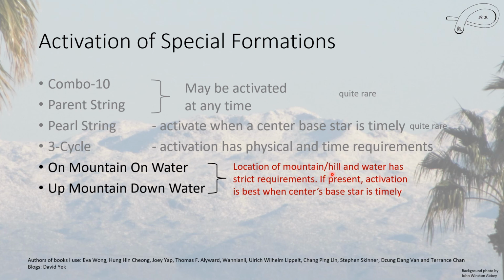So if the ground next to your house falls away, that is, it slopes away from your house in a direction where you need a mountain, and you cannot see a mountain or a hill in the distance, you simply can't activate these forms. So these are the ones that are totally dependent on external landforms. And in general, it is probably true that when you want to activate these, and that's usually by adding water, because that's less common, it's when the center space star, that big number in the center box, is timely.